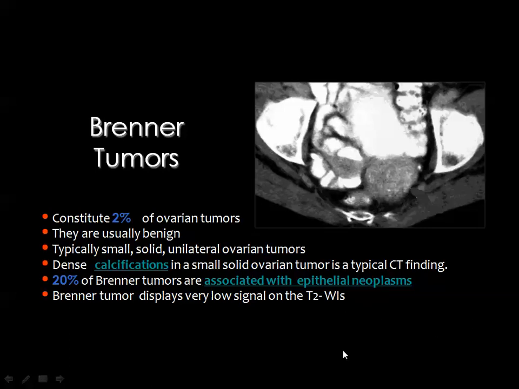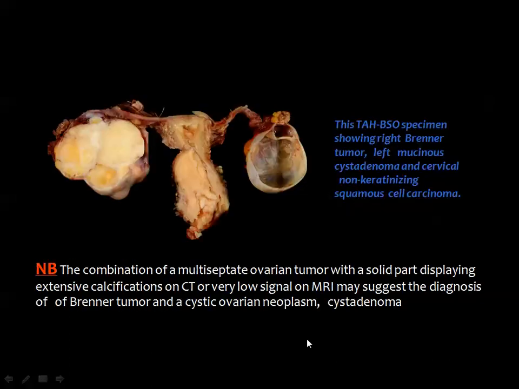And many times, the Brunner tumors will display a low signal on T2 weighted image, and they may simulate the ovarian fibroma.